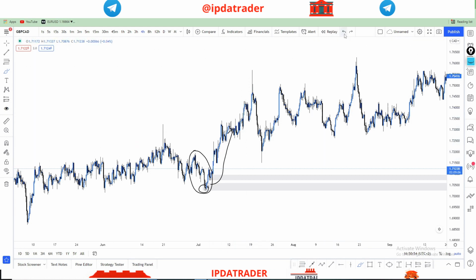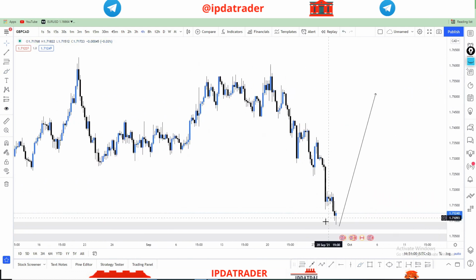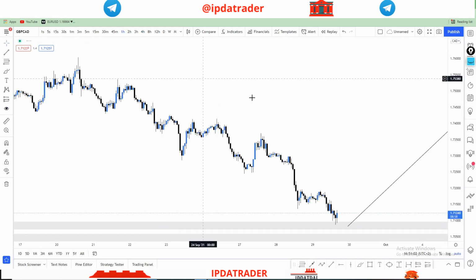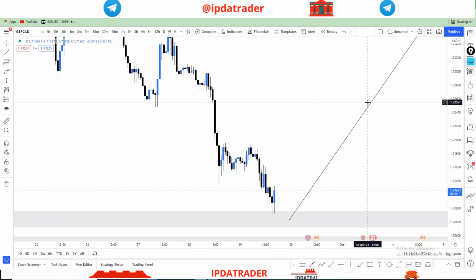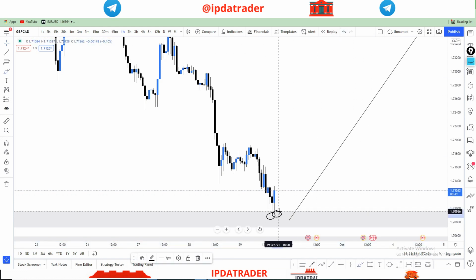So now what they need to do, as I said before, is at some point return here. As you can see, I was watching this POI, and if we zoom in, you can see the rejections, right? One candle rejecting here, the other one here. That means they're closing their position out, right?